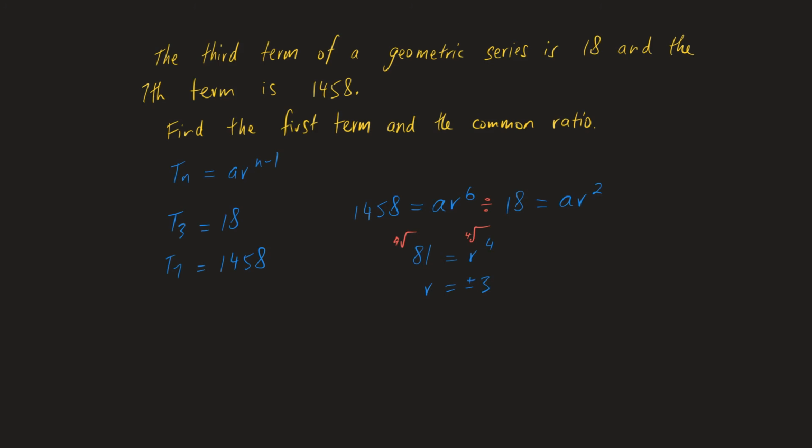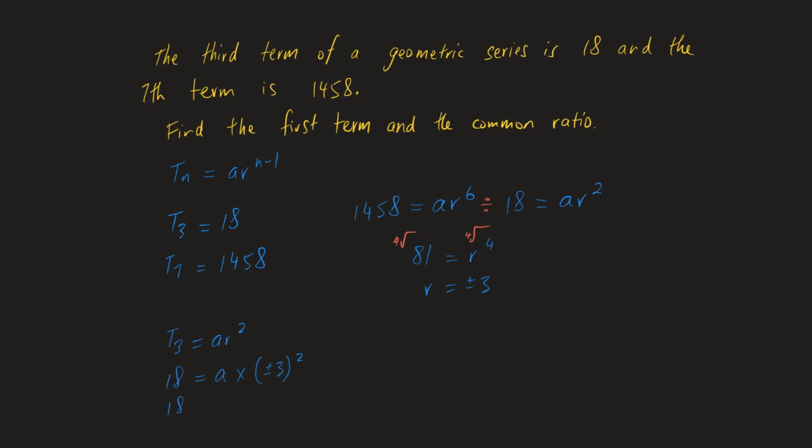Now that we have that answer, that R equals plus or minus 3, I'll substitute it into the first equation to work out what our first term will be. Looking at T3, which is AR squared, 18 is equal to A multiplied by plus or minus 3 squared.